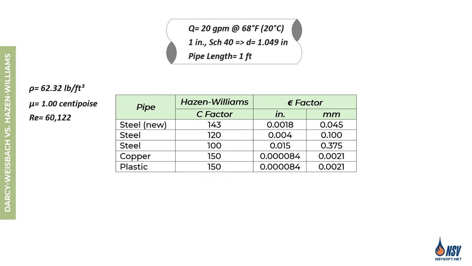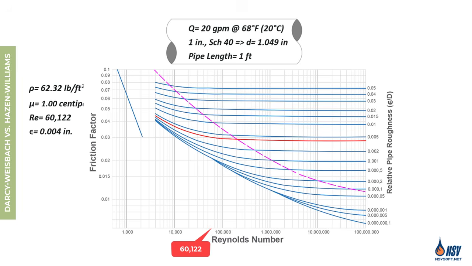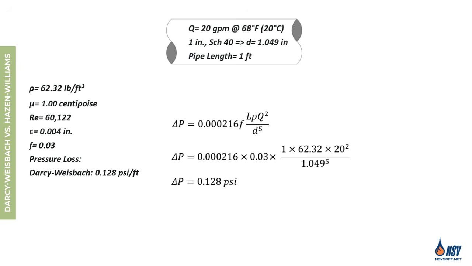Next, we determine the epsilon factor, which represents the internal roughness of the steel pipe in a wet sprinkler system. With the Reynolds number and the epsilon factor both in hand, we apply the Moody diagram to determine our friction factor. Finally, plugging it all into the Darcy-Weisbach equation gives us a precise pressure loss of 0.128 pounds per square inch.